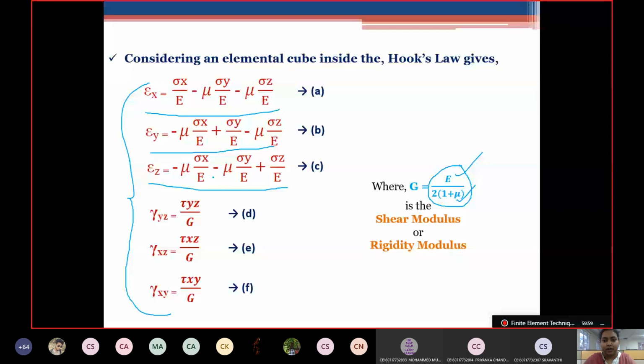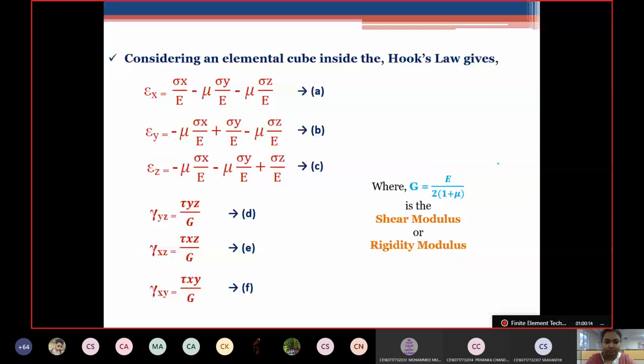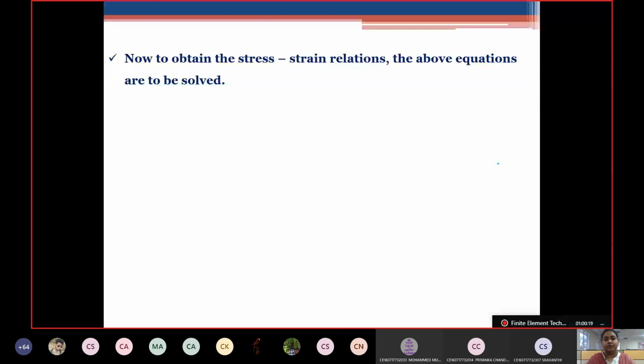Are we done till now? Are you ready with all the 6 equations and the relation between G and E? Yes, ma'am. Everyone? I need at least 2 yeses now. Yes, ma'am. All right. Now, to obtain the stress strain relationship, the above equations are to be solved.